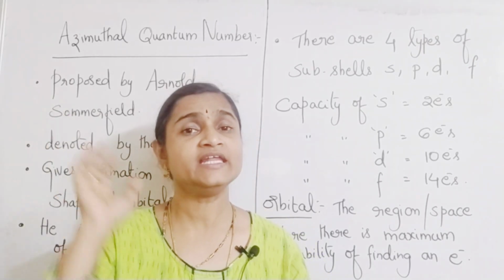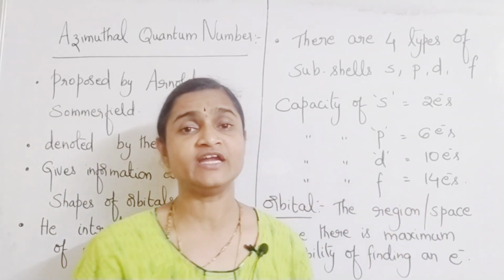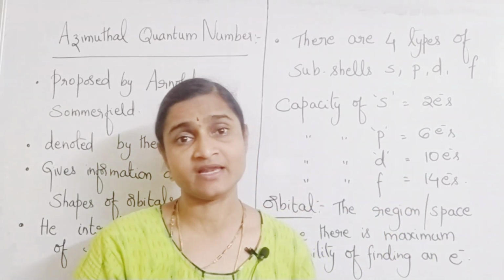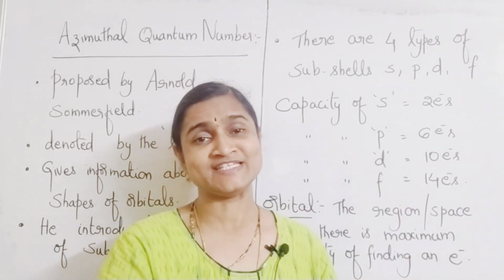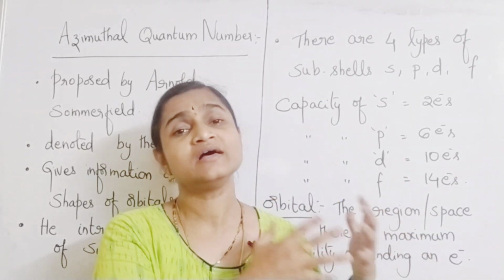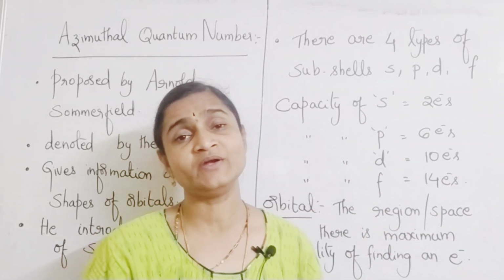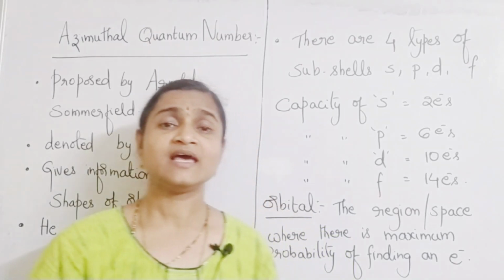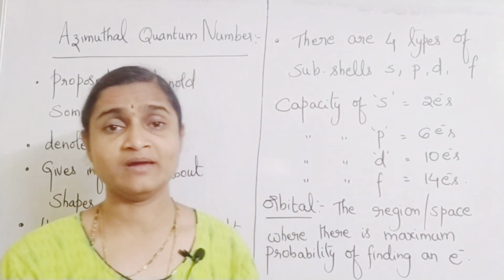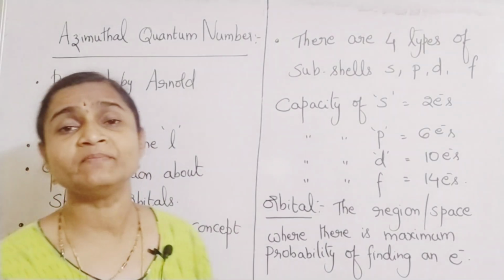In each floor there are many classrooms, in each classroom different benches, and on those benches children will be sitting. Same like that, each subshell is further divided into orbitals, and in each orbital electrons are placed. Like that, it's a kind of mechanical model. Okay, so it is given by whom?